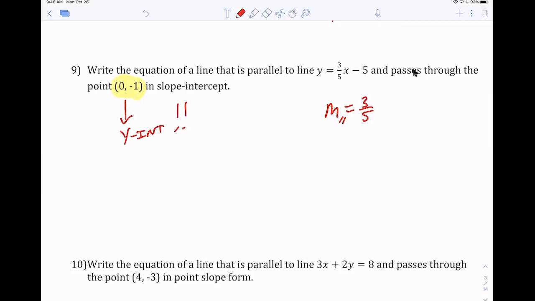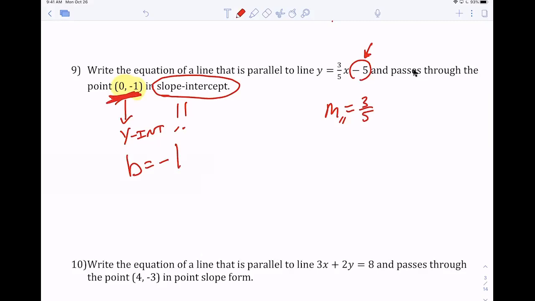Because I'm writing it in slope-intercept form, so I need to find out what b is. In this case, b is -1. Yes, -5 is the y-intercept to this line, but I'm writing a whole new line. And I want everybody to tell me 0, -1 is the y-intercept.